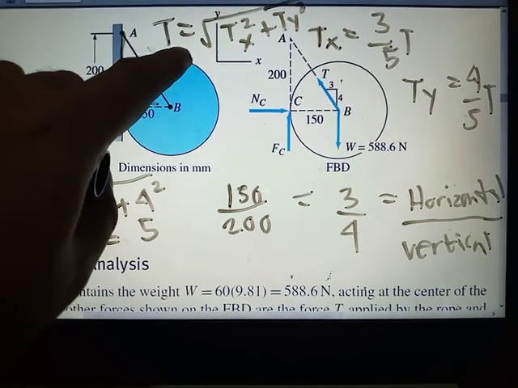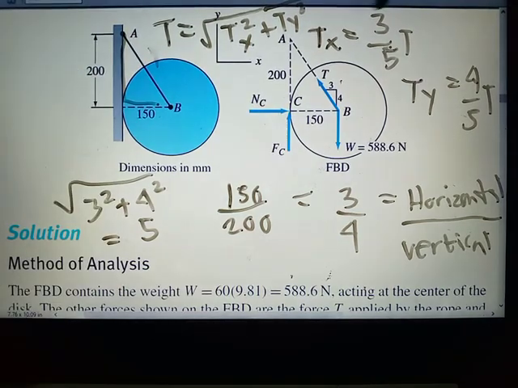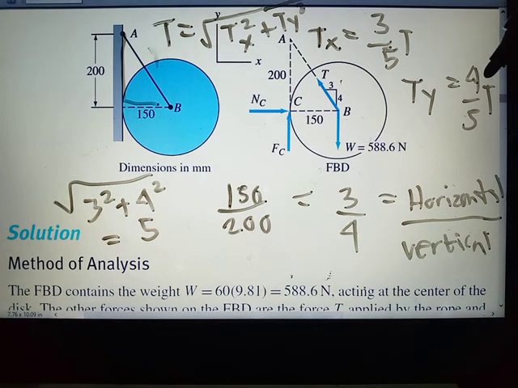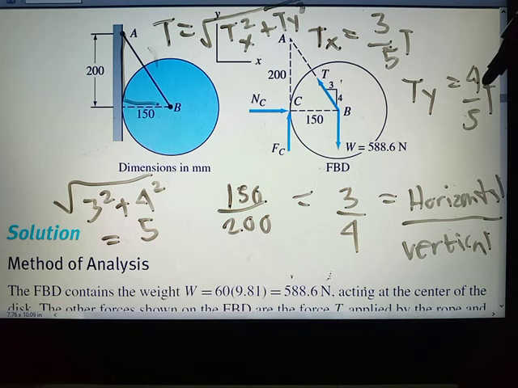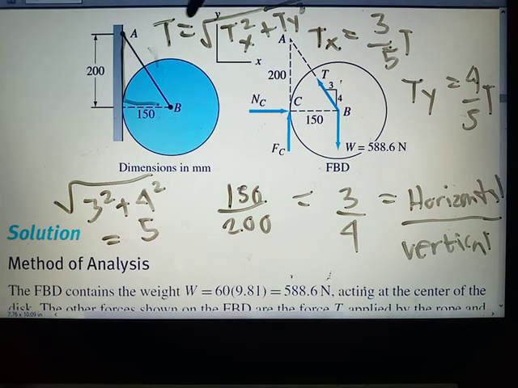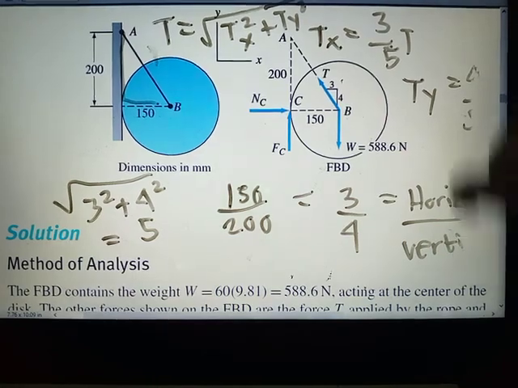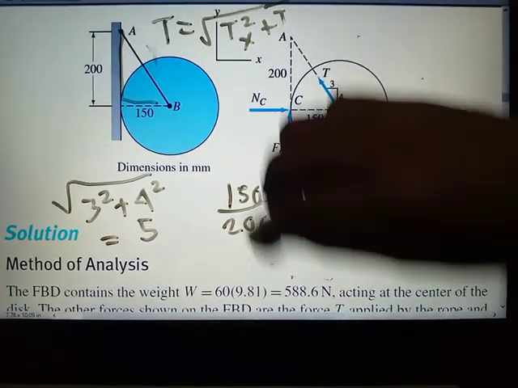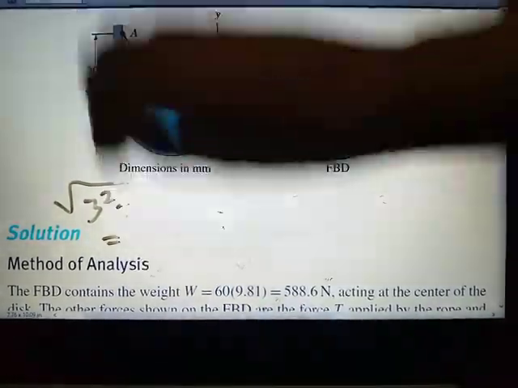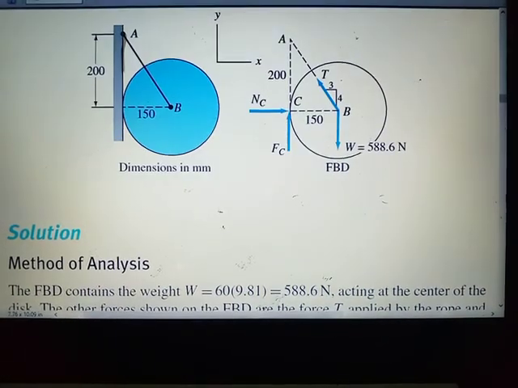So if we check, 0.6T squared plus 0.8T squared gives T. That's how we break down the T into components. I hope you understand.